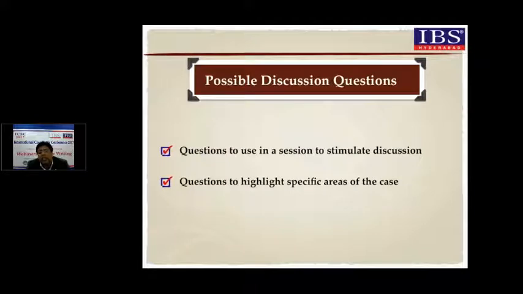Now the possible discussion questions. A lot of the case has to be done with a number of questions, because the student is expected to talk most of the time. So how are you going to keep them in the discussion? For that you have to prepare some questions also, and this has to be closely linked to the objective of the case.